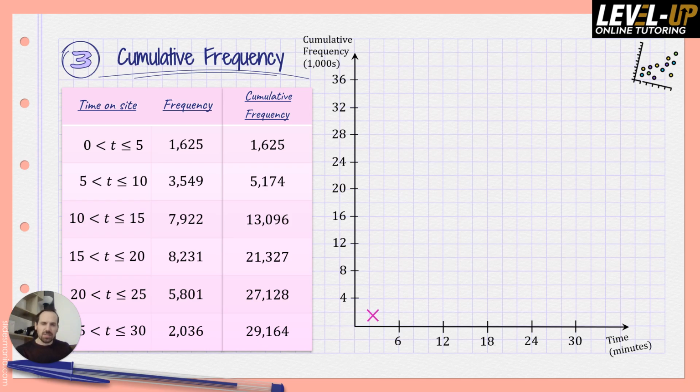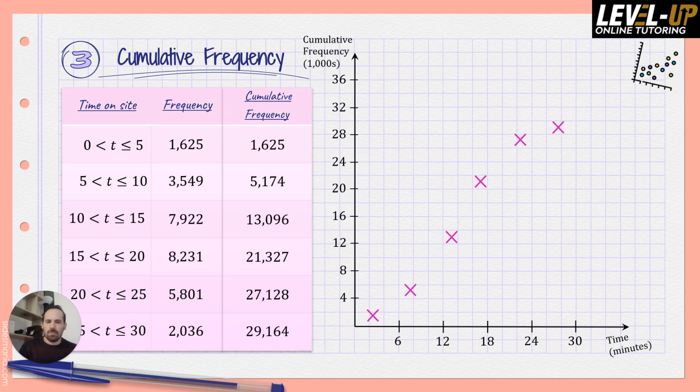So the time on the x coordinate is going to be 2.5, and then for the next one it's going to be 7.5, and the cumulative frequency is then 5,174. And so you need to go through and plot. Obviously, for a graph like this, it's only rough. We can't plot it exactly because we're dealing with quite big numbers.